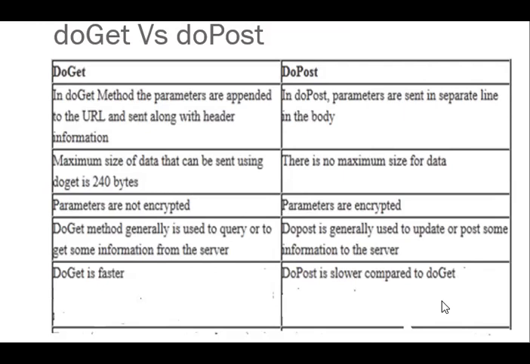But nowadays, with high computing facilities, we will not be able to distinguish the performance overhead of using a POST method. So these are the differences between using the GET method and the POST method.